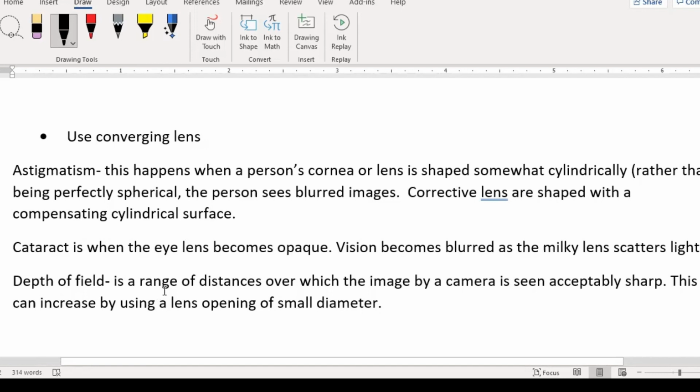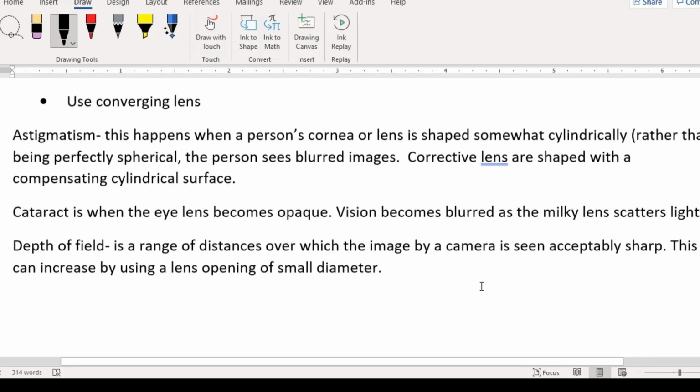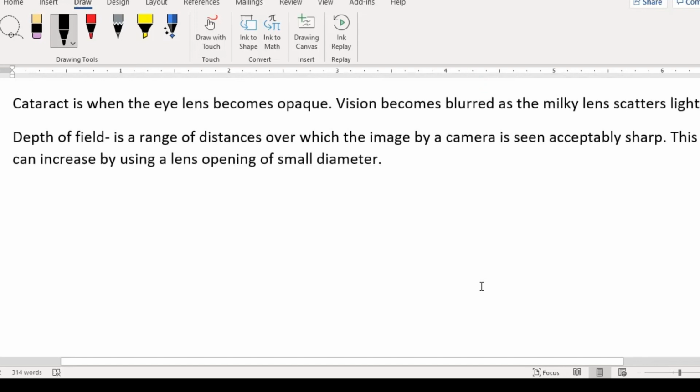Field of depth. Field of depth is simply a range of distance over which the image by a camera is seen acceptably sharp. I'll see if I have a picture to show you. The field of depth is not so easy to explain, but if you can remember what it is, then that will be good for you.